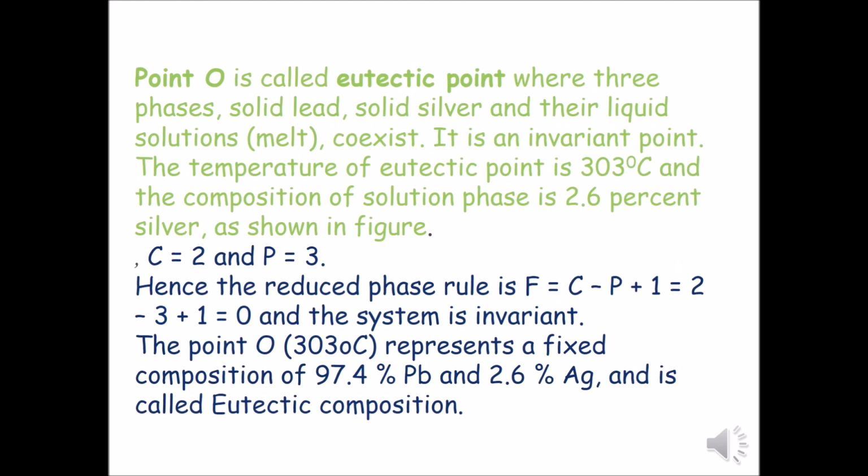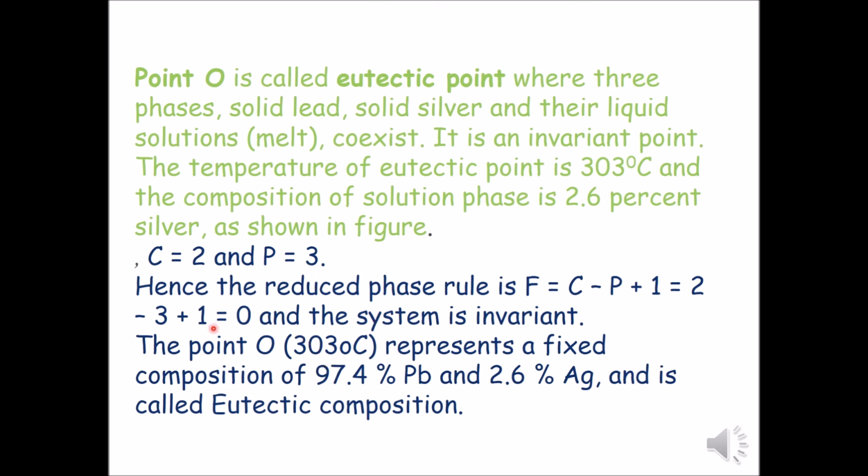So point O is called eutectic point, where 3 phases, solid lead, solid silver and their liquid solution coexist. And it is an invariant point. The temperature of eutectic point is 303 and the composition 2.6 and 94.7. So here degree of freedom will be 0.